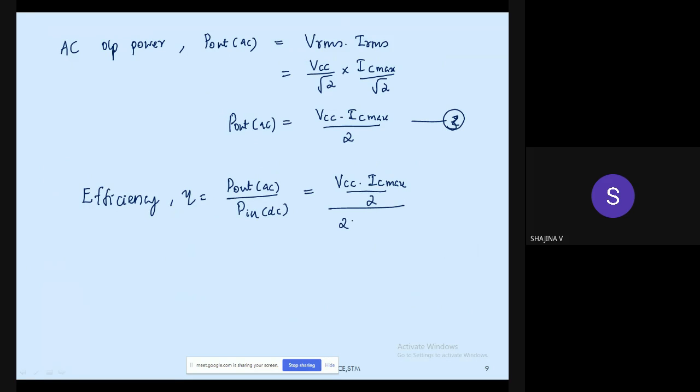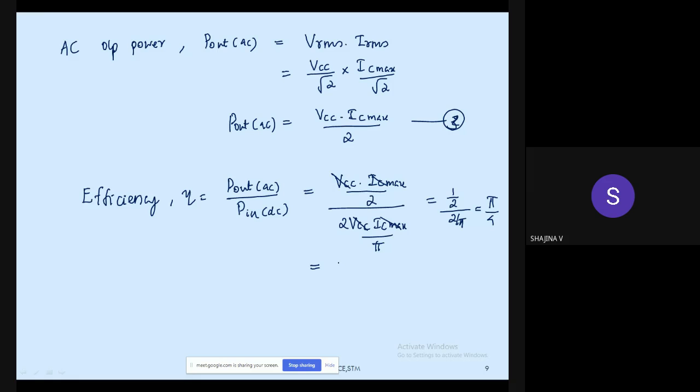The VCC will get cancelled, and the IC max will get cancelled. So you get 1 by 2 divided by 2 by pi, which is equal to pi by 4.